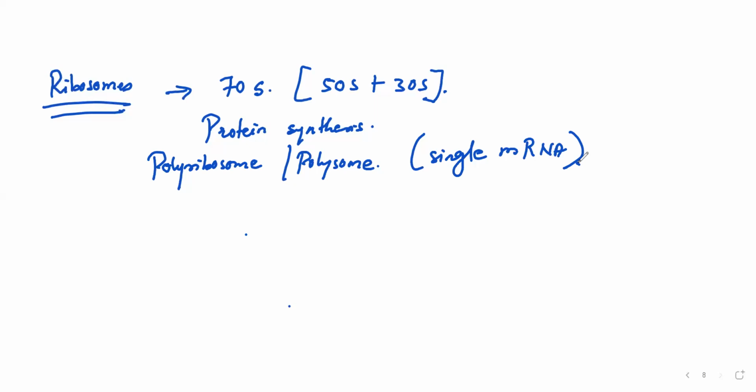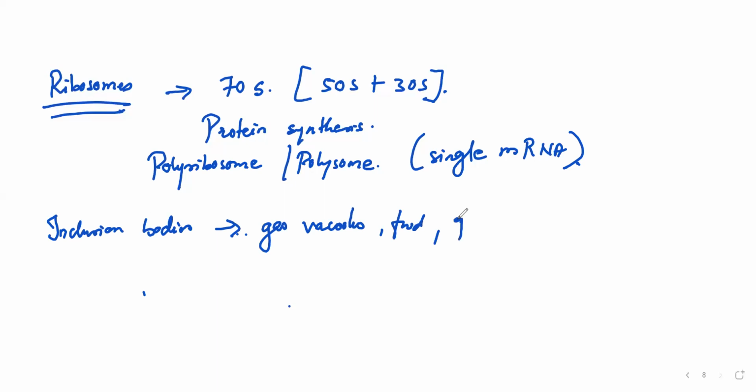Then you have certain small structures present in them, which are called inclusion bodies. Inclusion bodies are vacuoles such as gas vacuoles, food vacuoles, plus glycogen granules. Many such inclusions are present for the storage of certain things: gas vacuoles for gas, food vacuoles for food, and glycogen granules for the storage of sugar. These are again found in the cytoplasm.